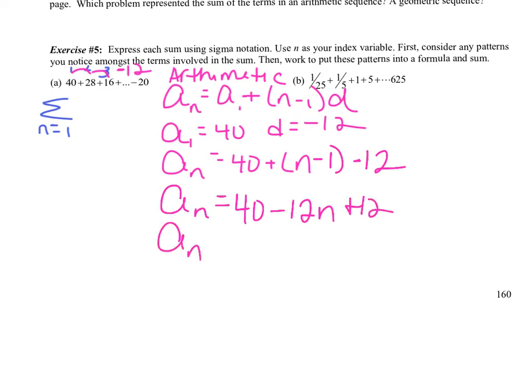And then when I combine like terms, I end up with 52 minus 12n, or negative 12n plus 52, whatever you prefer. So that is what I'm going to write as my summation rule.